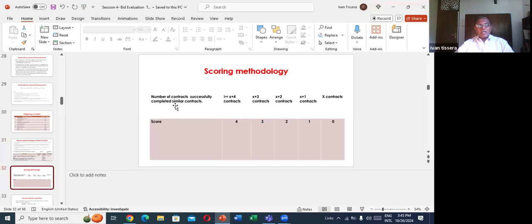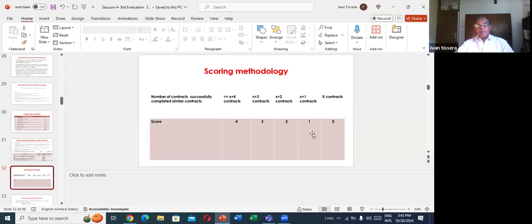Number of contracts successfully completed equal to or more than 4, the maximum 4 is given, right? Minimum contract plus 3, I mean, X is the completed, and 2 is 2, 1 is 1, 0 for no completed contract.